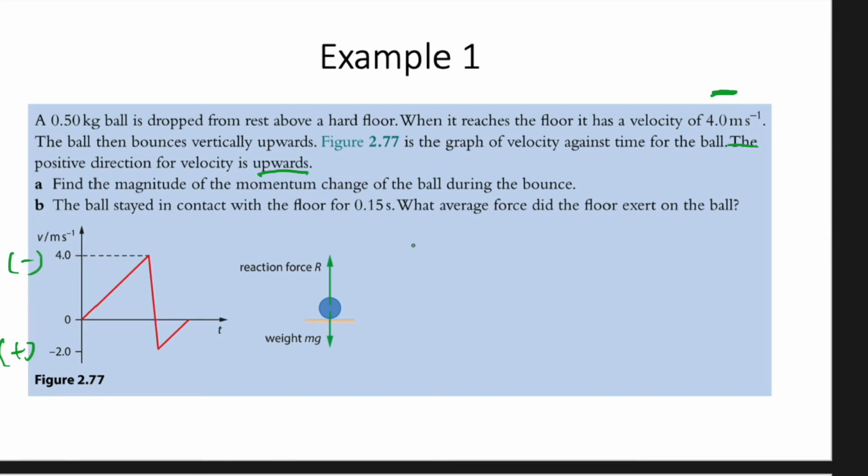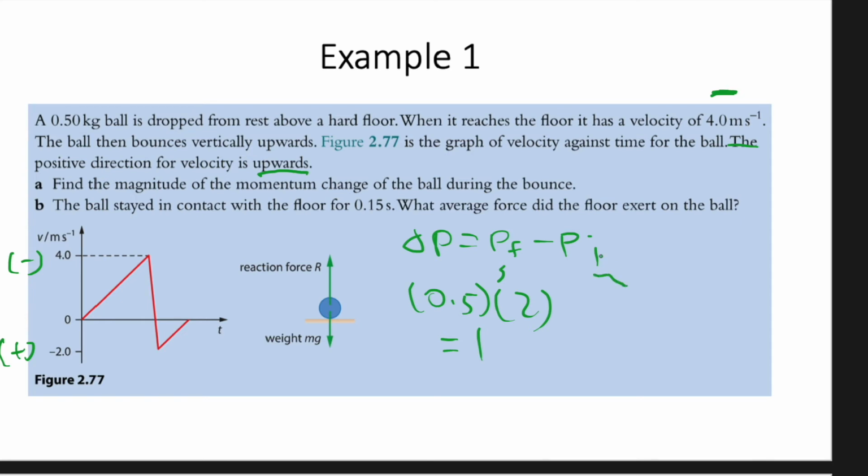So change in momentum is equal to pf minus pi. pf, the final momentum, is basically the momentum when the ball bounced back. So it is equal to 0.5 times 2, a positive quantity because it's going upward, which is equal to 1.